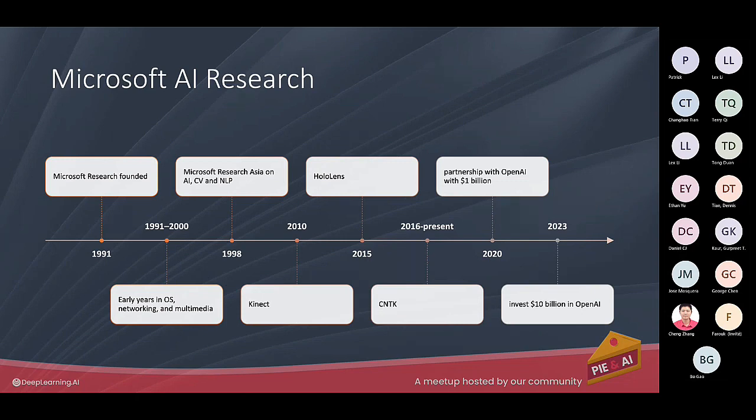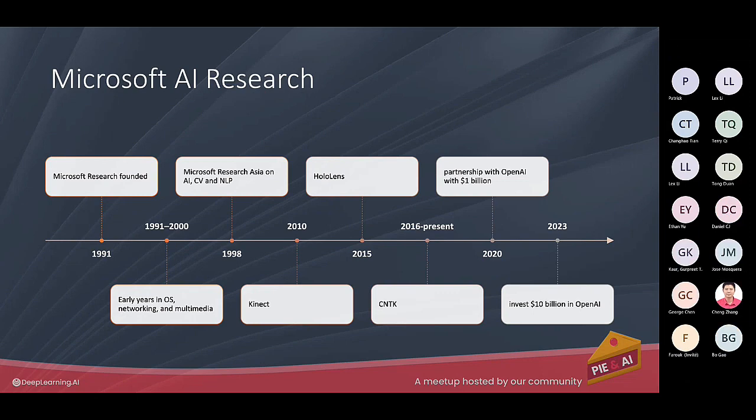Starting from there, a lot of new innovation came out from Microsoft Research, such as in 2010, the device Kinect, in 2015, the device HoloLens, and from 2016 to the present, products like CNTK.